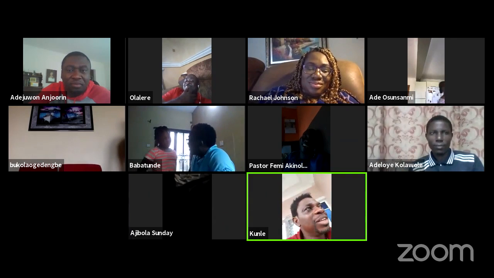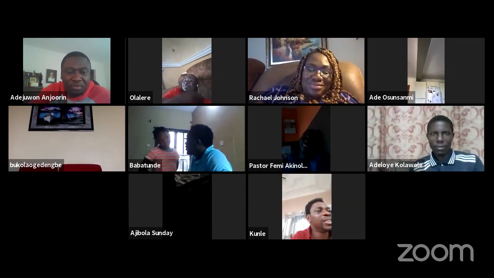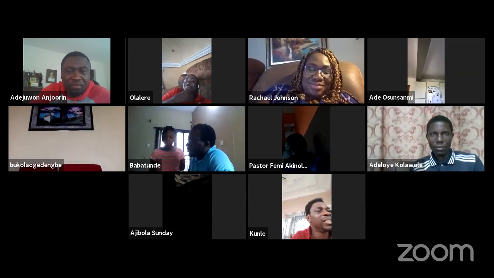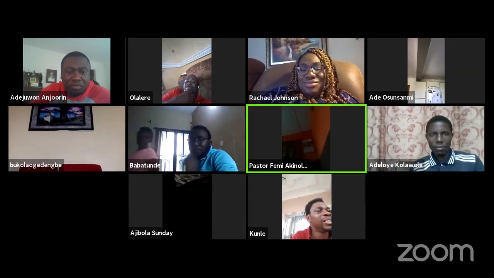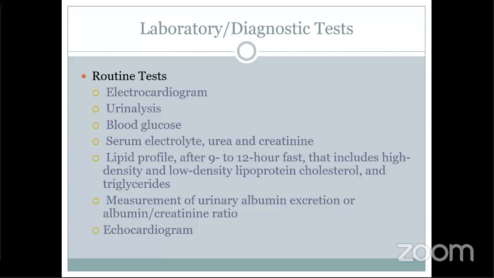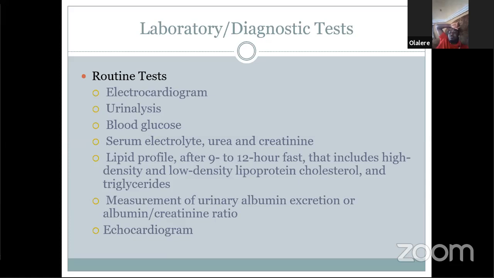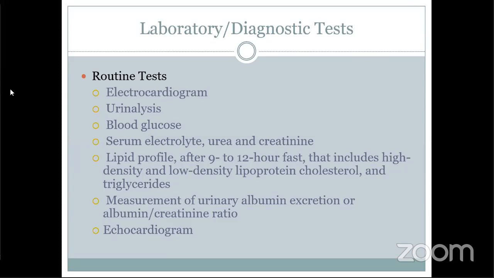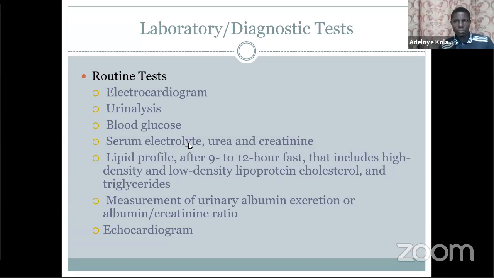Continue. Okay. I was talking about the electrocardiogram. It's one of the tests that we can do to assess the electrical activity of the heart. It will help us to know if that individual has associated cardiac infarction, if the heart is enlarged, and also if there is some electrolyte derangement.